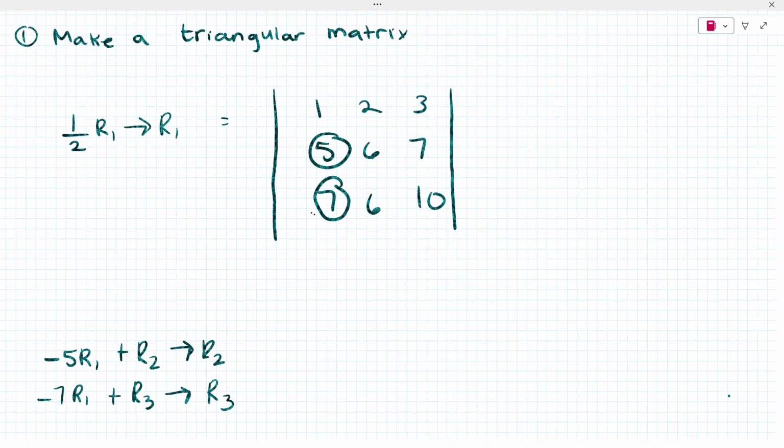So when you do that, you get this. The first row stays the same, 1, 2, 3. The second row is 0, -4, -8. The third row, I believe, is going to be 0, -8, -11.